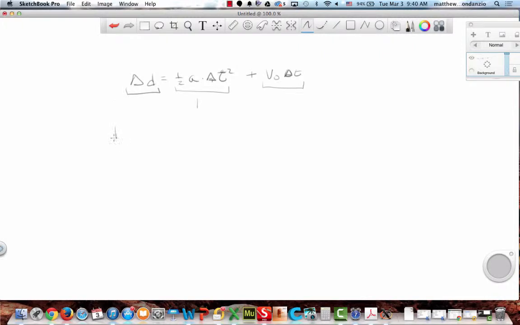D final minus D initial equals 1/2 A times delta T squared plus my initial velocity times my delta T. So you can actually say my final position is equal to my initial position plus my initial velocity times delta T plus 1/2 A times delta T squared.